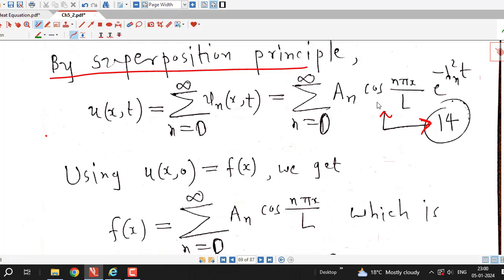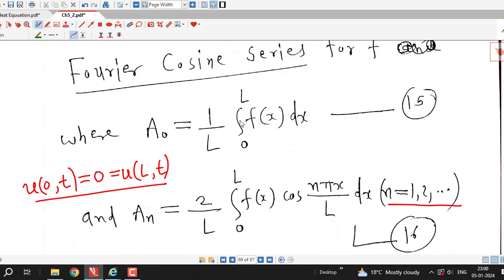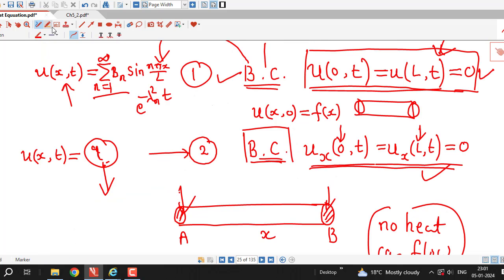Instead of sine terms, here we have cosine terms, and this a0 and a_n are given by these formulas. So that is the difference between the two cases.